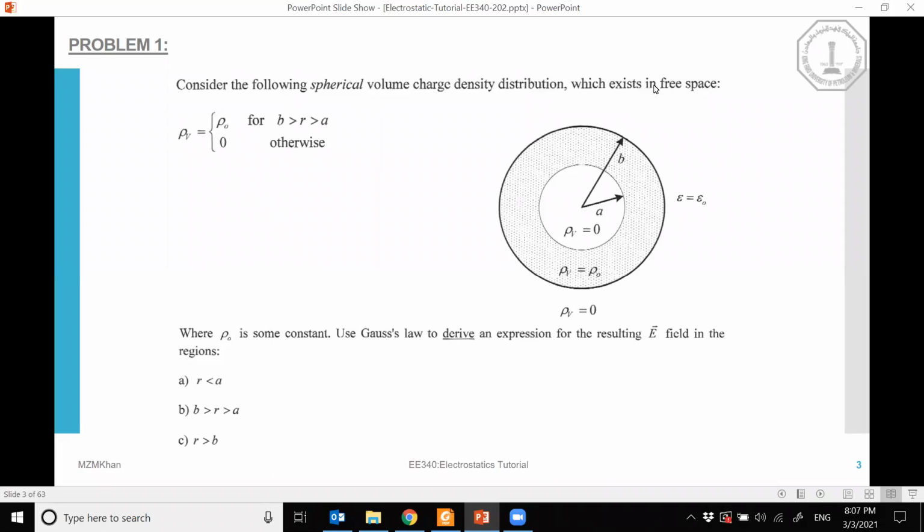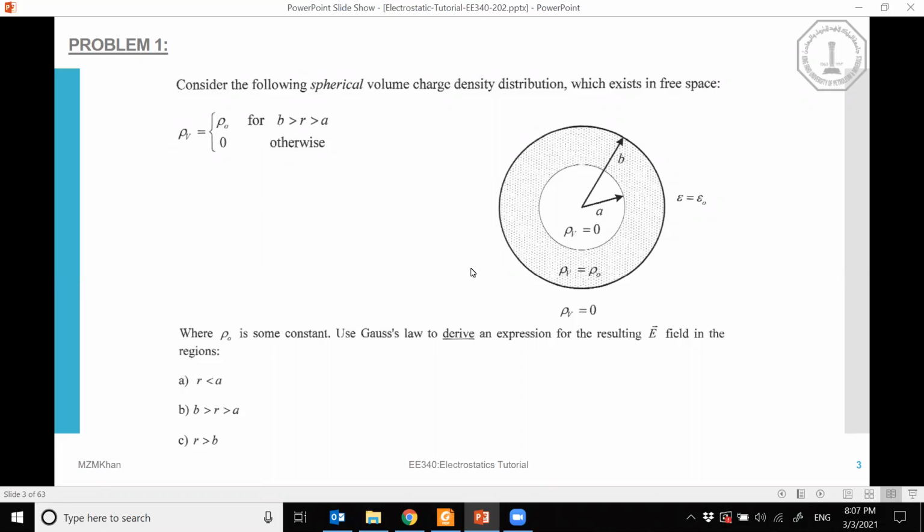Free space means our epsilon is epsilon naught, and the charge distribution is something like this: rho v is equal to rho 0, and this charge distribution exists only between a and b.